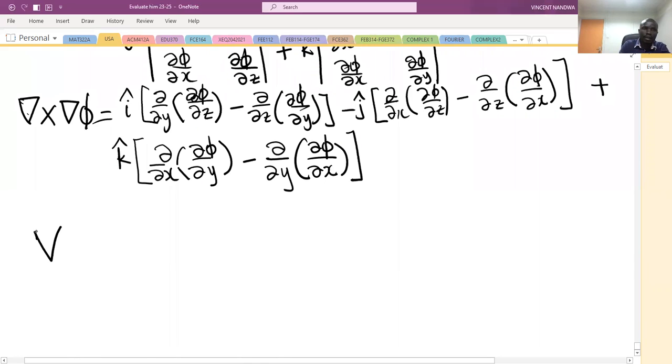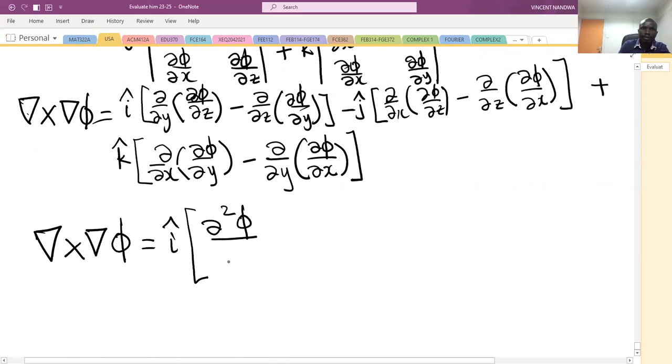So curl of grad of phi will be i. Now this will be partial squared phi partial y partial z minus partial squared phi partial z partial y.